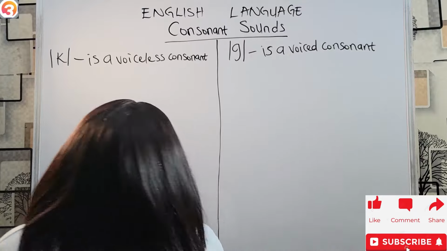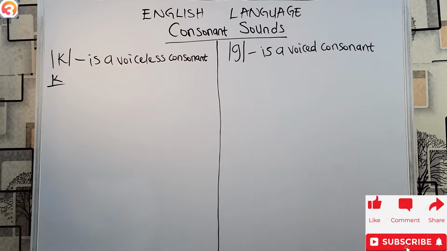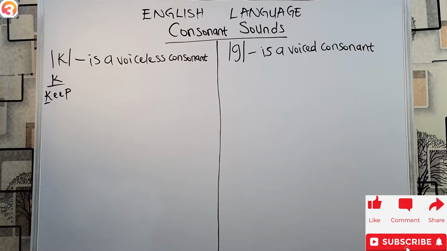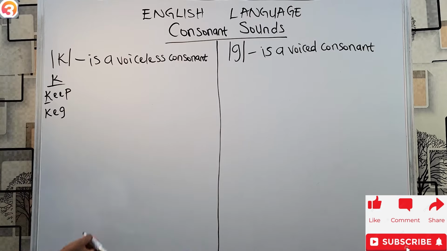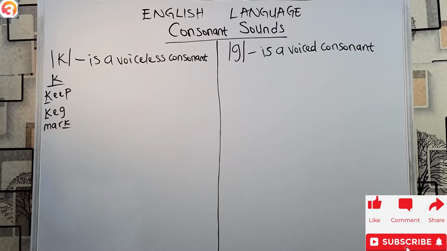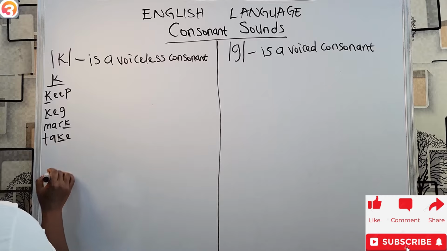First off, we find it in words containing letter K. Words that contain letter K, whether at the middle, beginning or ending of a word, contain consonant K. Words like keep, keg, mark, take, back.